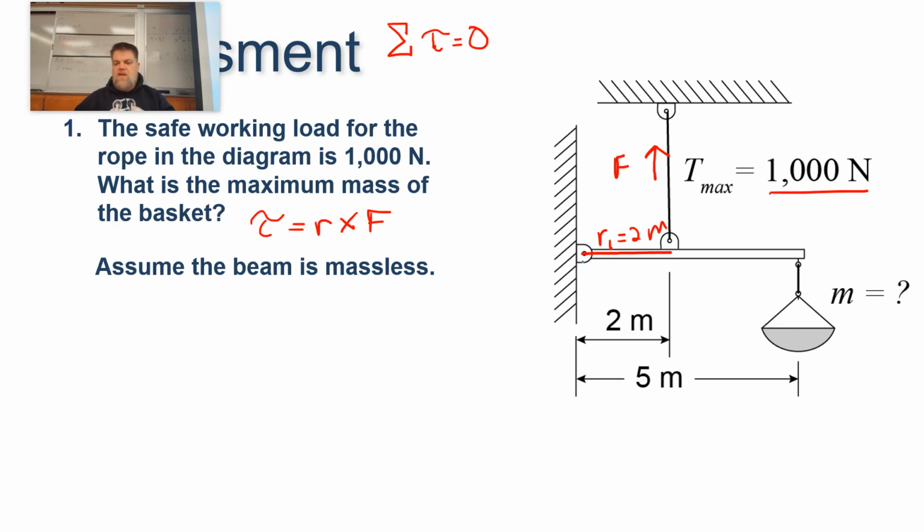Then I have another radius, and that's 5 meters. We'll call that radius 2. And then we have another force pulling down. Now that force is the mass of this object, m, which we don't know what it is yet, times the acceleration due to gravity.